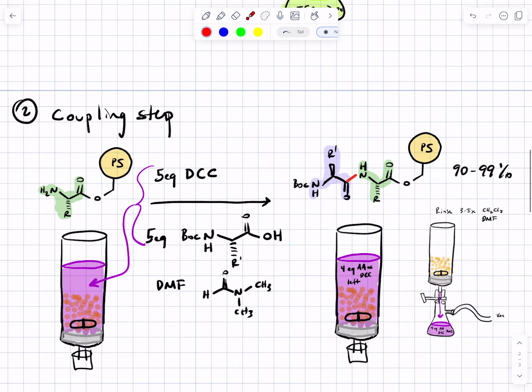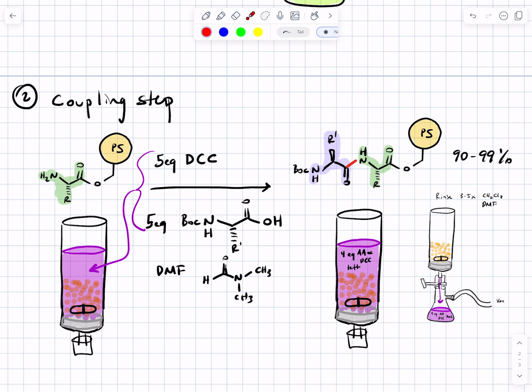So the coupling step is just what you would expect for an amide bond reaction. Only because of the solid phase synthesis setup, we are able to use a vast excess of one reagent over the other. So typically, the limiting reagent is our amino acid on the polystyrene bead.